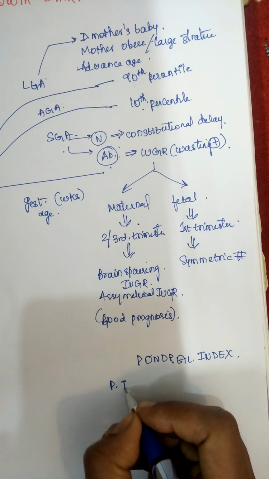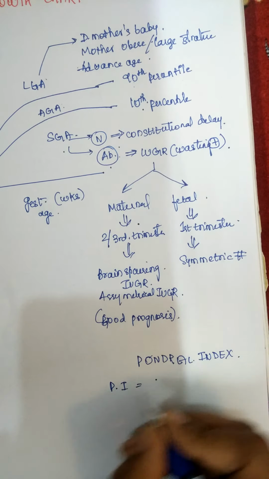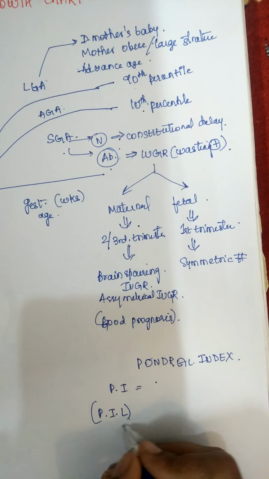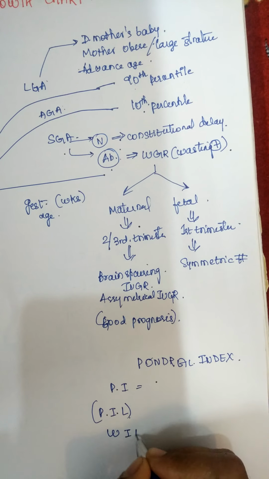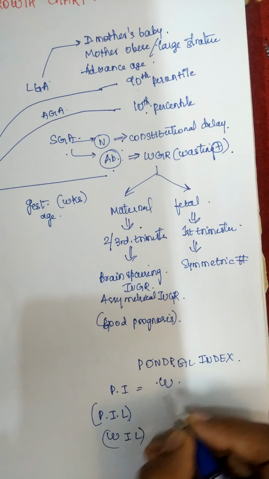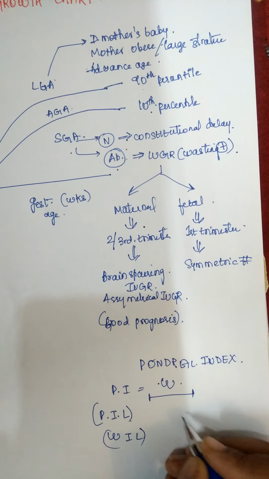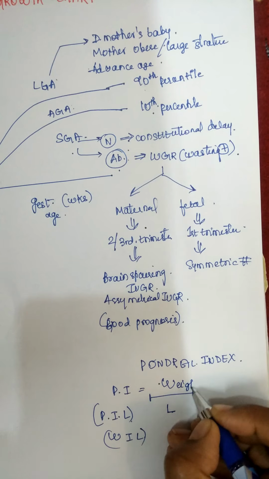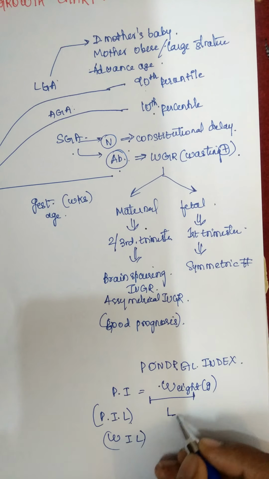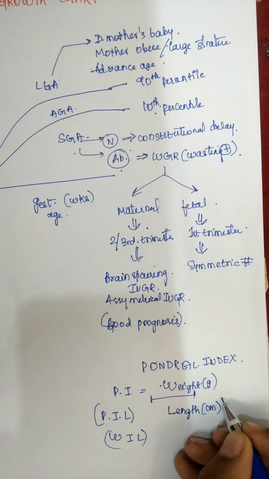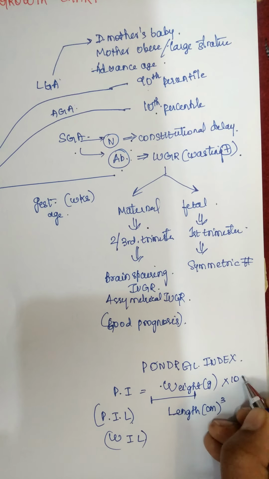That is PI. You remember, PI, so something like pill, you make it pill. Pill is for will. W, I, L: the formula is weight in grams divided by length in centimeters cubed, into 100.